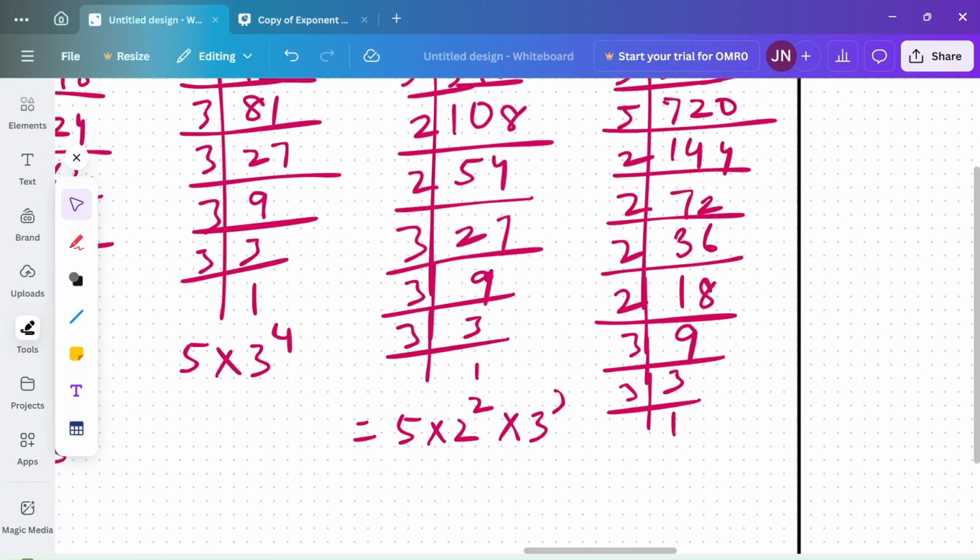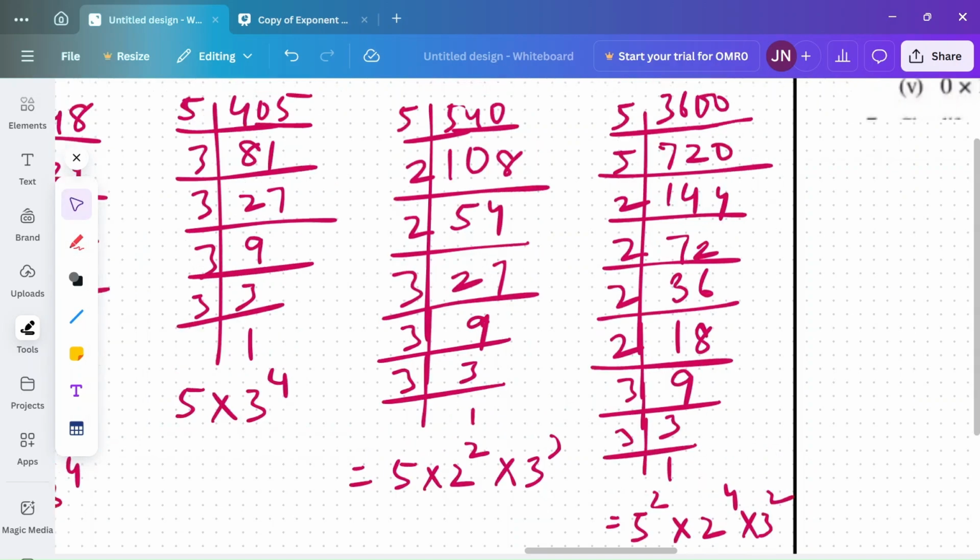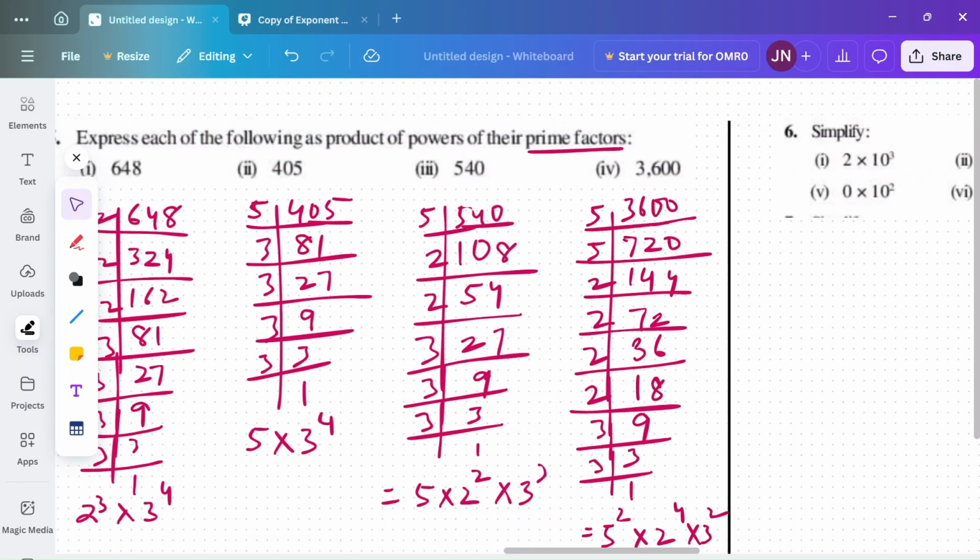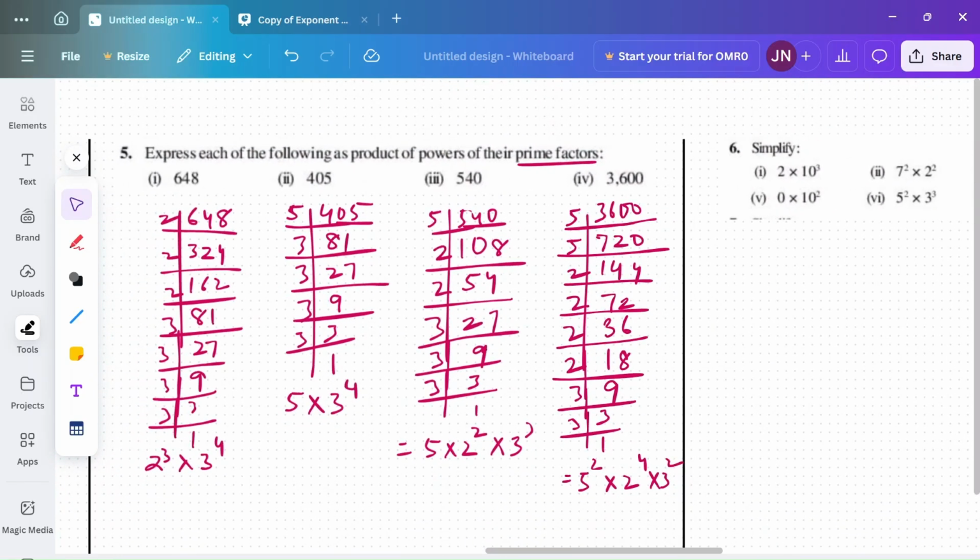So this is 5 twice, 2 4 times, and then 3 twice. Okay, so this is how you can calculate.